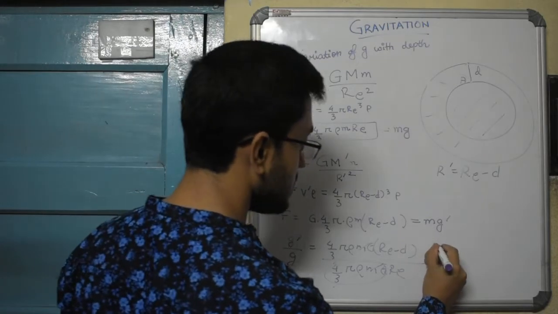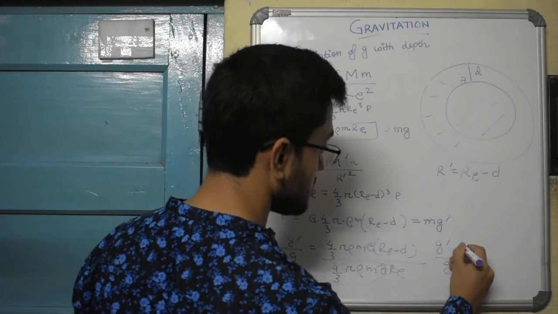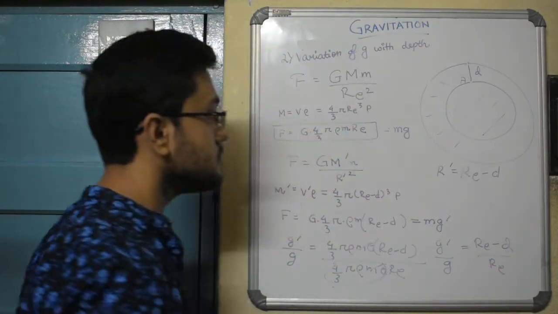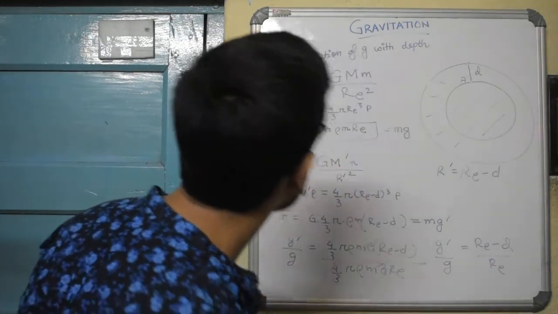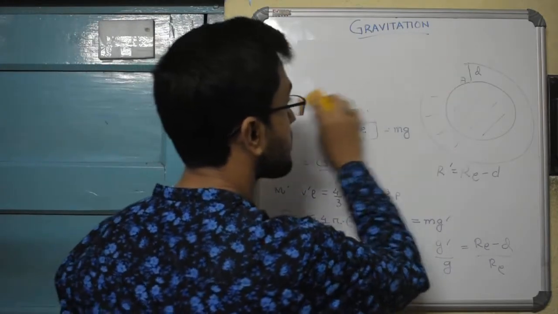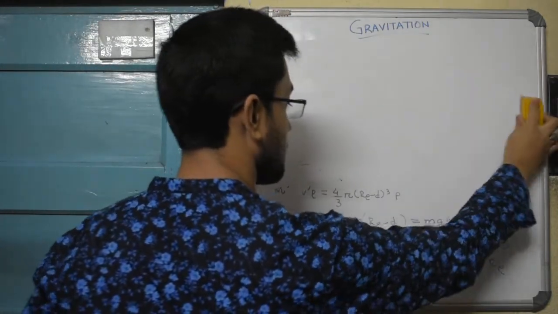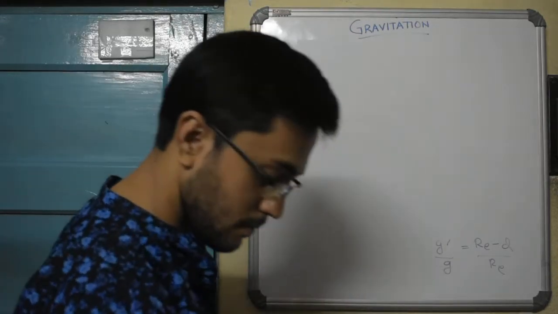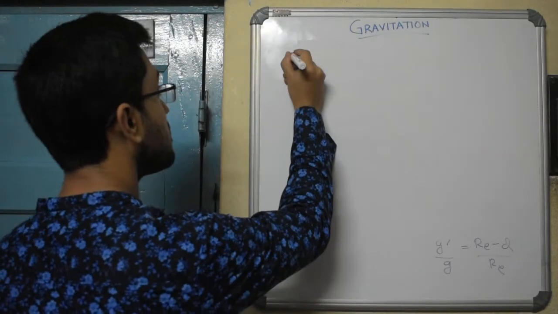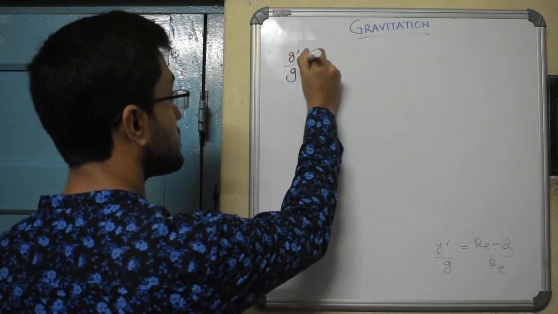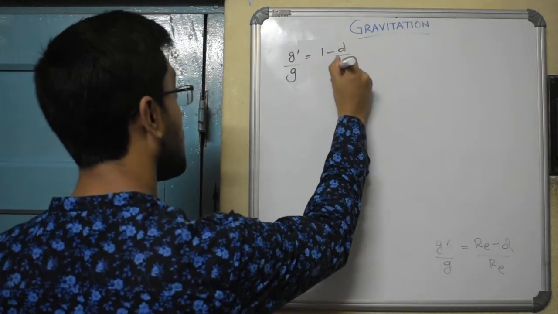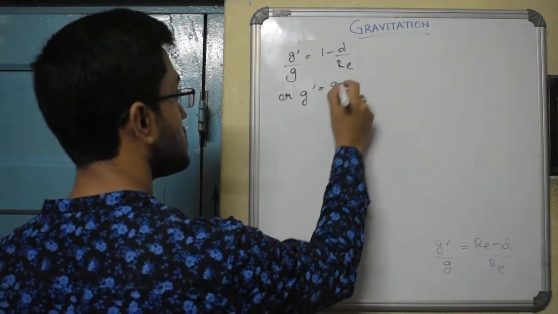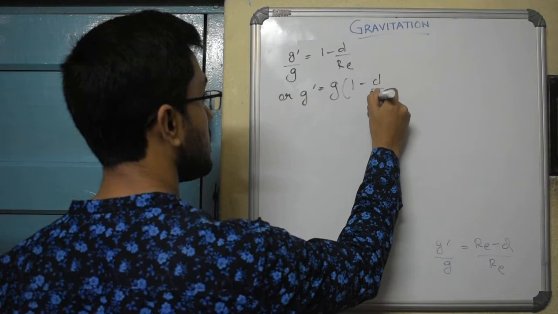What you see is that g dash divided by g is equal to (R_E minus d) by R_E. From there we get that g dash by g is equal to 1 minus d by R_E, or g dash is the value of acceleration due to gravity g into 1 minus d by R_E.